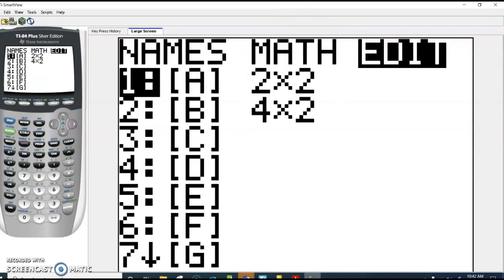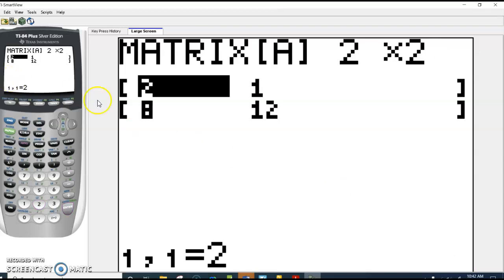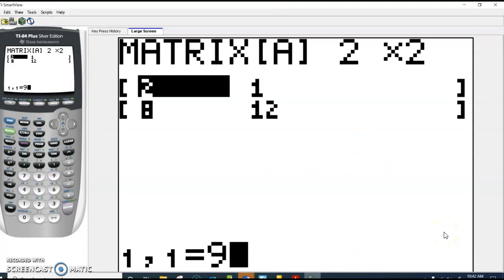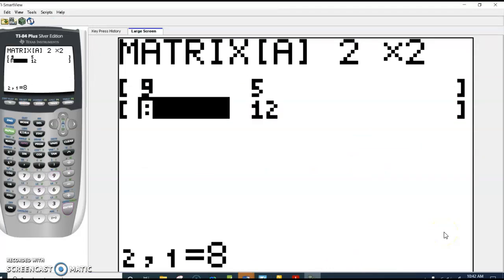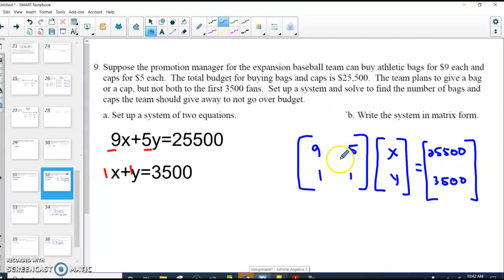This is a 2 by 2, so I type in 2 by 2, and then I put in the rows: 9, 5, 1, 1. I just typed the coefficient matrix into my calculator.